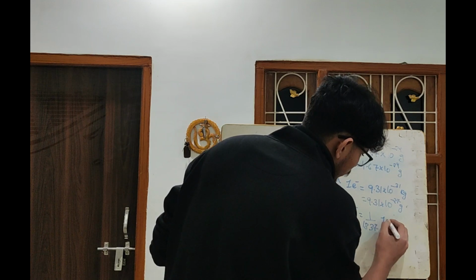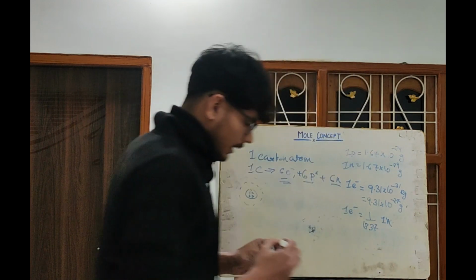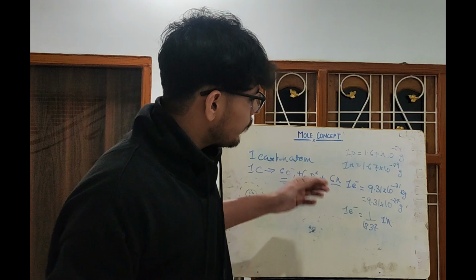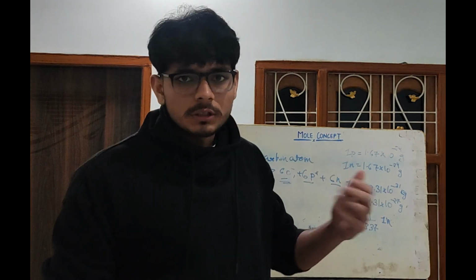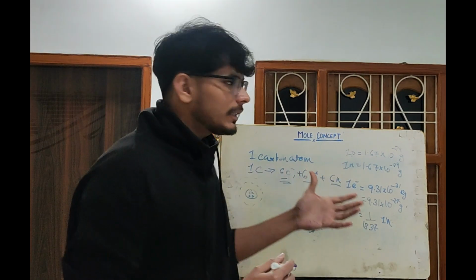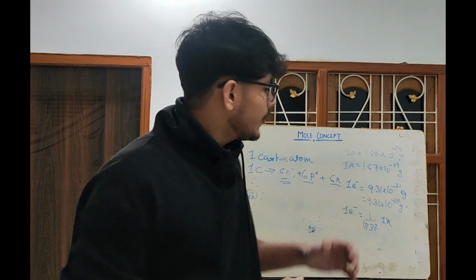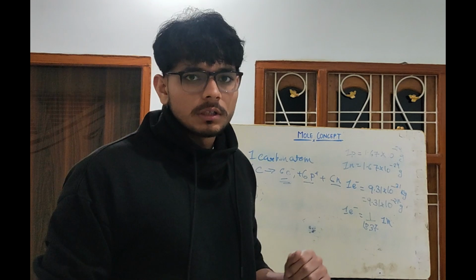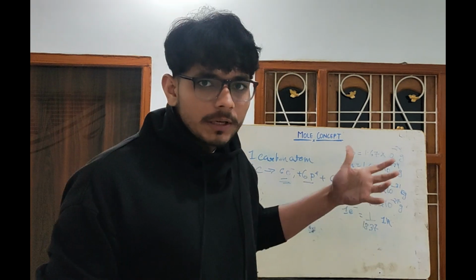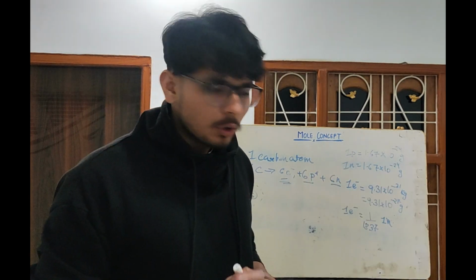So the weight of an electron is very small, and while calculating the mass of a single carbon atom or any other atom, we neglect the weight of the electron, being very light compared to neutrons and protons.